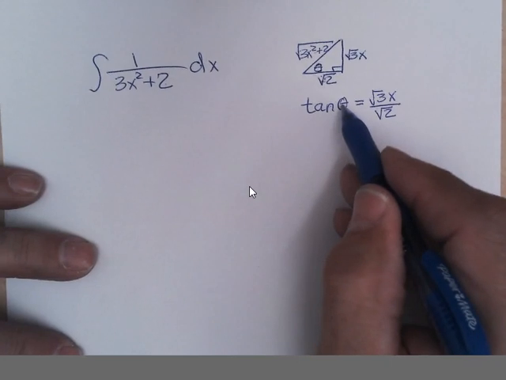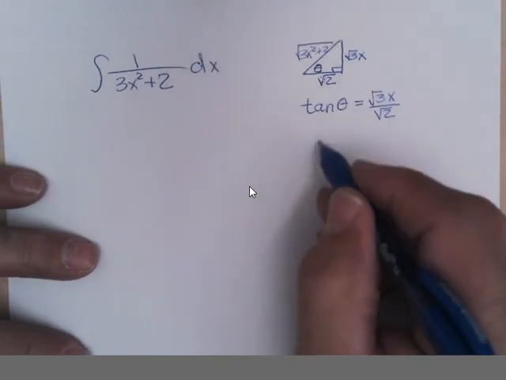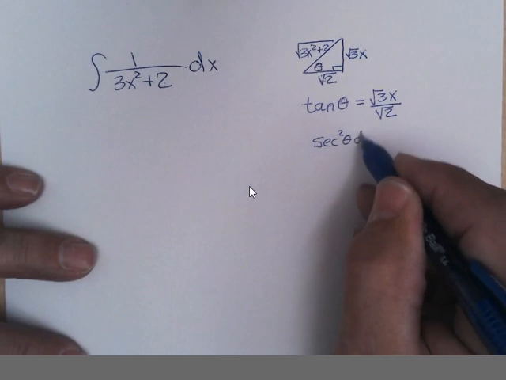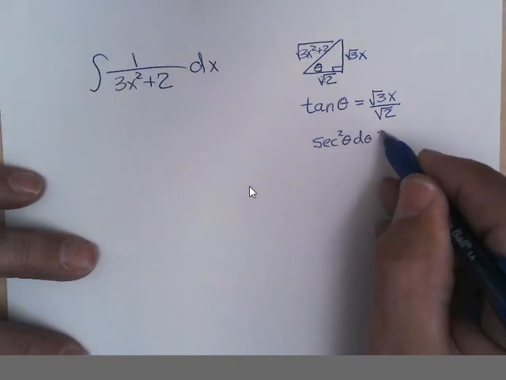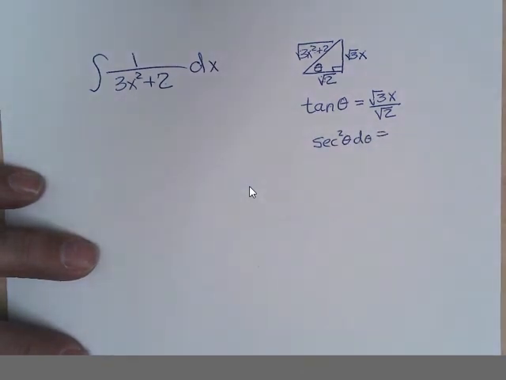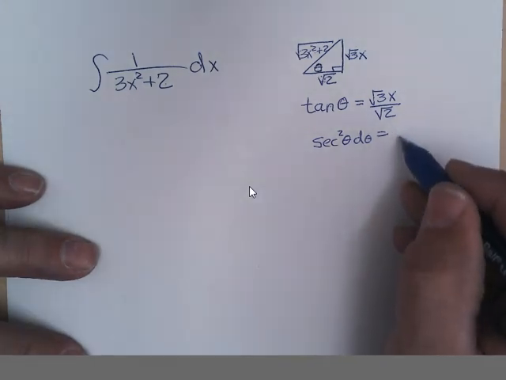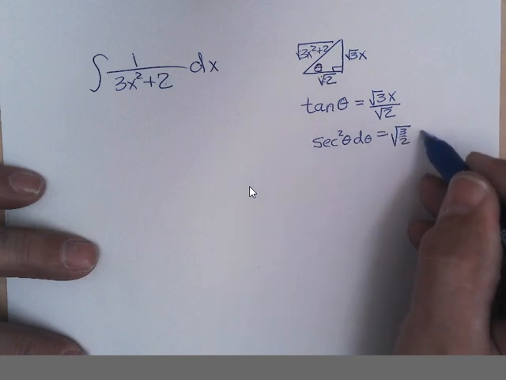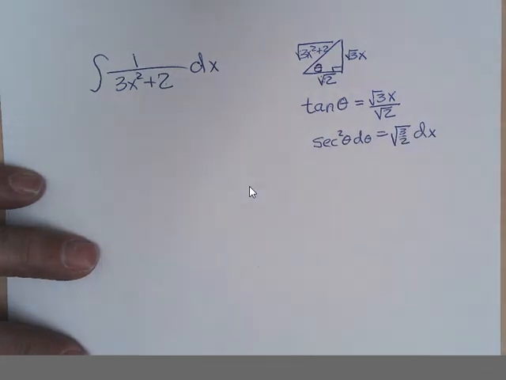The derivative of tangent theta is secant squared theta d theta. And the derivative of square root of 3 over the square root of 2 times x is square root of 3 over square root of 2 dx, or I can make it just the square root of 3 halves dx. That's the same as square root of 3 over square root of 2.